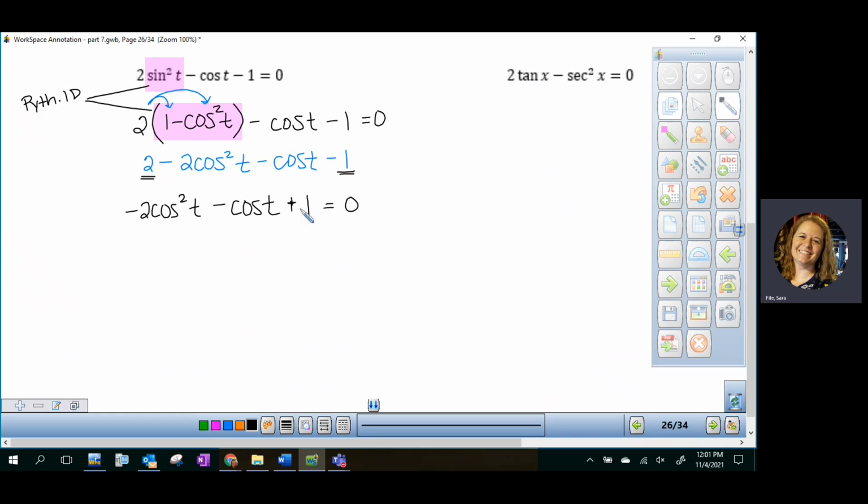So now it's in quadratic form trinomial. However, you probably learned this back in maybe Algebra 1 or Algebra 2. When you are factoring, it is much easier if your a value is positive, right? So let's make it easier on ourselves and change this to a positive.